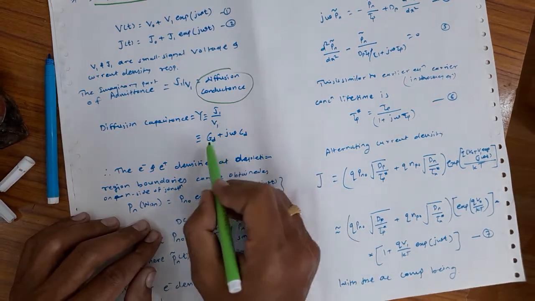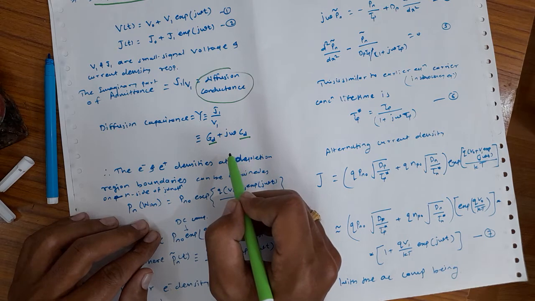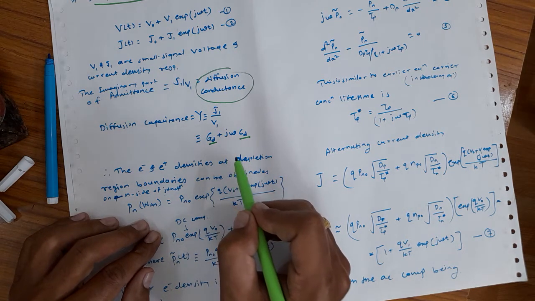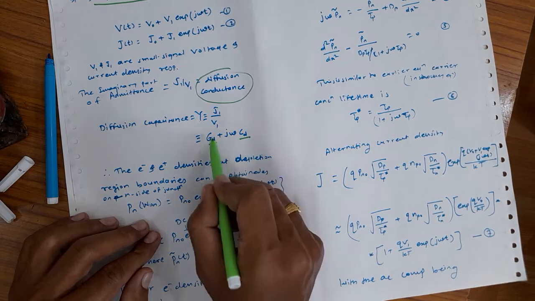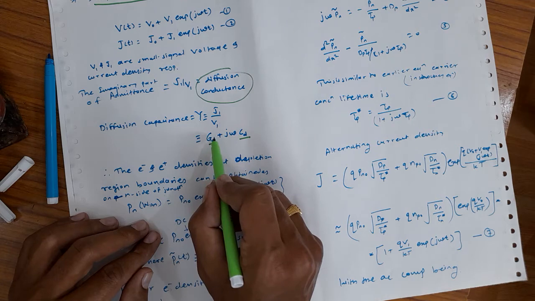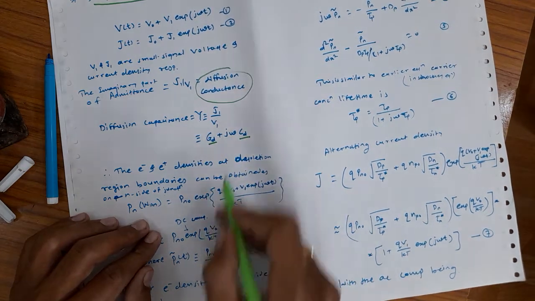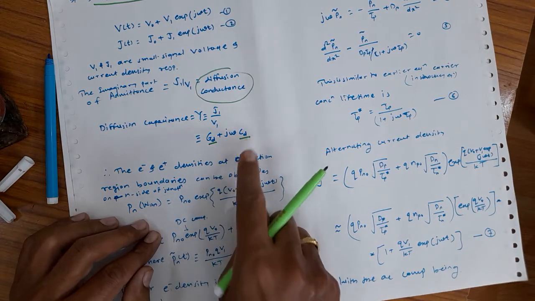But first, what is GD and what is CD? GD is nothing but the diffusion conductance, and CD is nothing but the diffusion capacitance. We will be looking into the diffusion capacitance as well as the conductance.